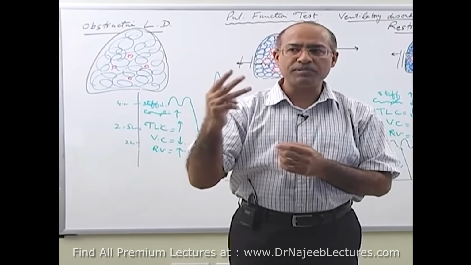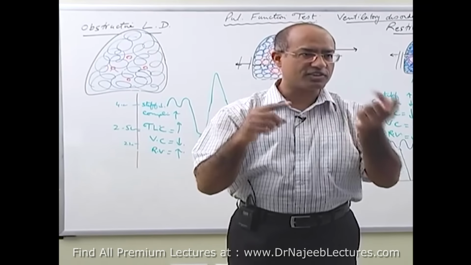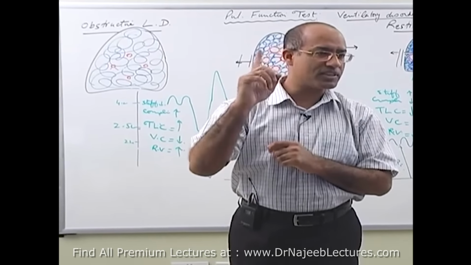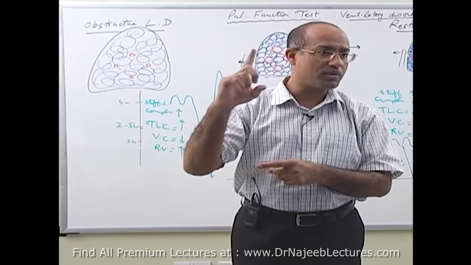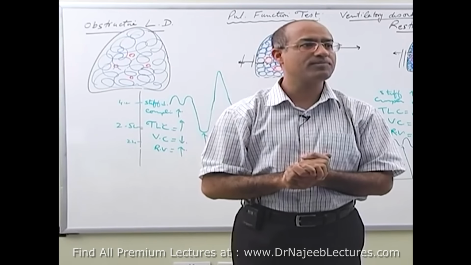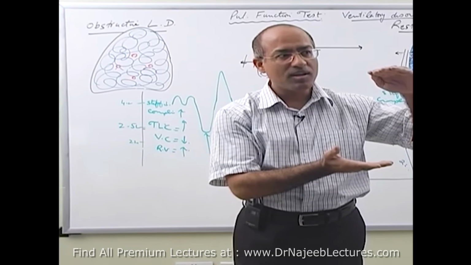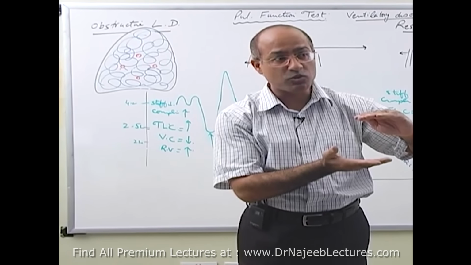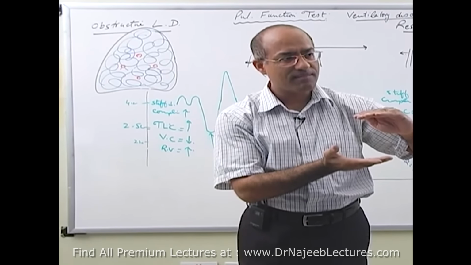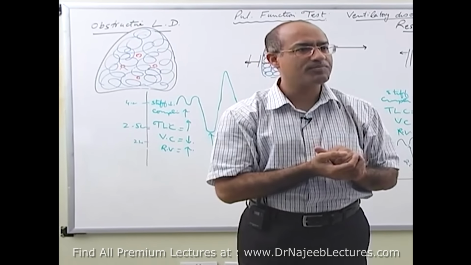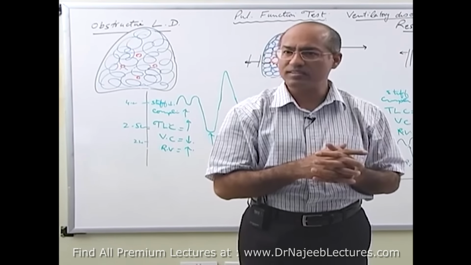I will give you 3 parameters and you have to tell me if it is obstructive or restrictive. Total lung capacity is more, residual volume is more, vital capacity is less. Obstructive. Total lung capacity less, residual volume less, and even vital capacity less. Restrictive lung disease. Is that right?